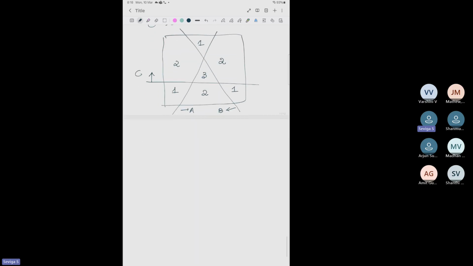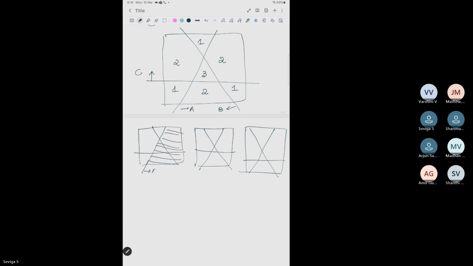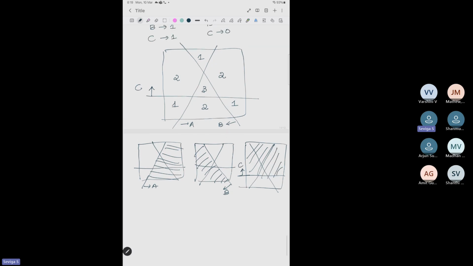So we have got 3 regions, A, B, C. What I have done is that I have marked the positive regions of A, B, and C. This is the positive region of A, this is the positive region of B, this is the positive region of C. So I can give weights for each of these regions because we need to have a working classifier with the right weights.